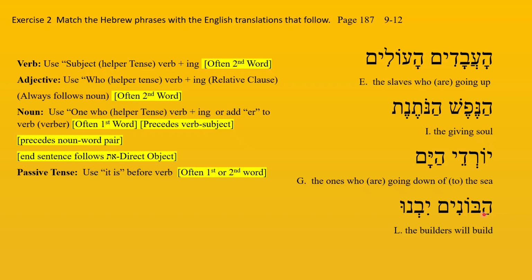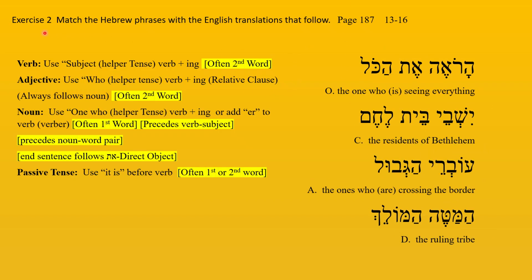So the ones who are building will build. Or, as you found in putting them together, the ones who are building can also be the builders. The builders will build. Okay.